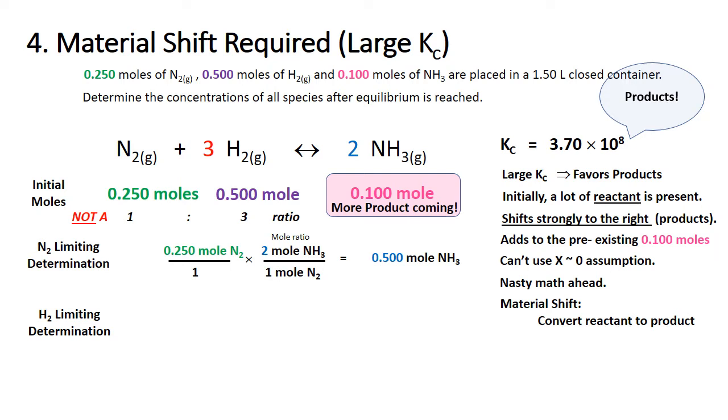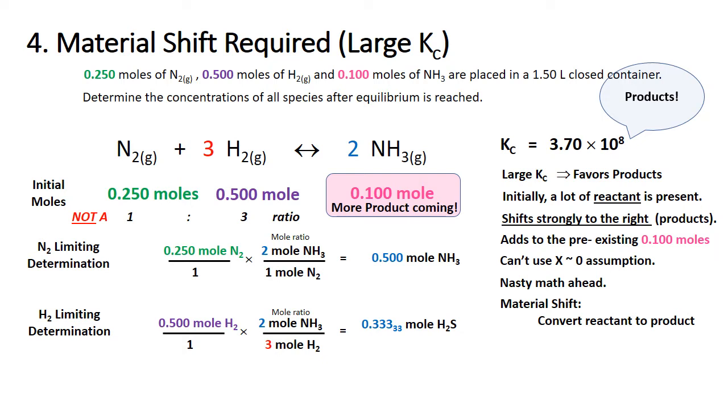Now, let's do the same kind of calculation, beginning this time with the hydrogen. We have 0.500 moles of hydrogen, and we multiply by the mole ratio, again predicting product in this case, where we have 2 moles of NH3 for every 3 moles of H2, okay, a 2-to-3 mole ratio there, and we do the arithmetic and we predict that we'll be able to make 0.333 moles of NH3.